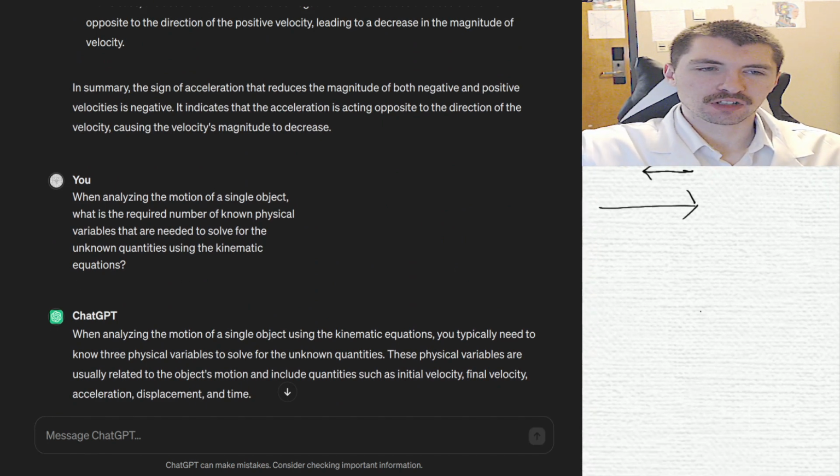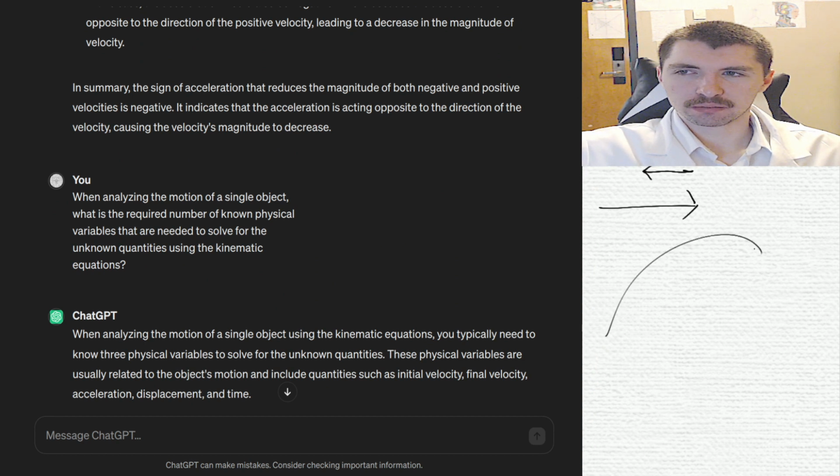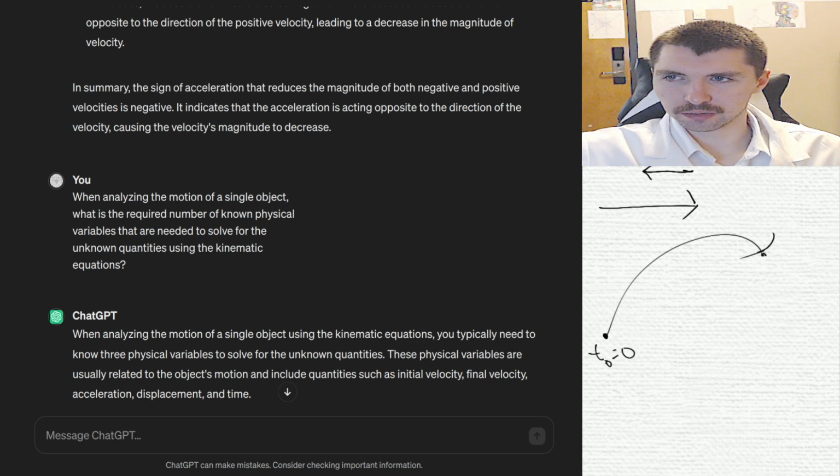Motion of a single object. So yeah, we have the object going this way. Object was here. Now it's here at t equals 5 seconds.